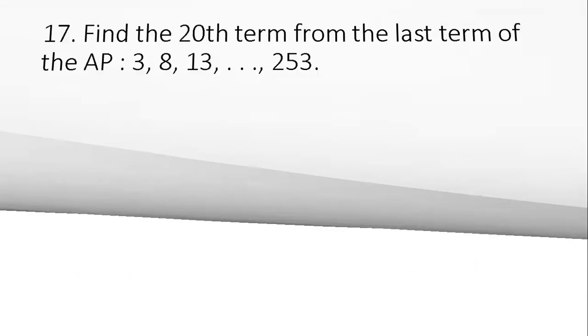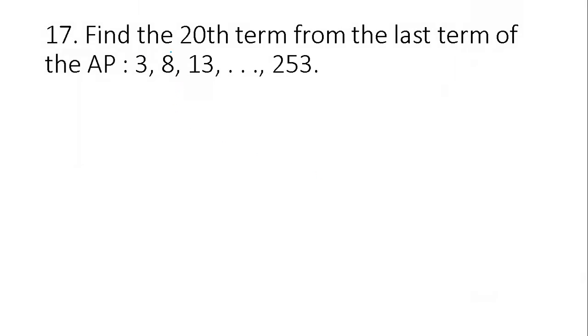Next, 17th one. Find the 20th term from the last term of the AP. They are asking the 20th term from the last, this side. See here, A is equal to 3. D is equal to 8 minus 3, this is 5, and AN is 253. We don't know N. Find N here.